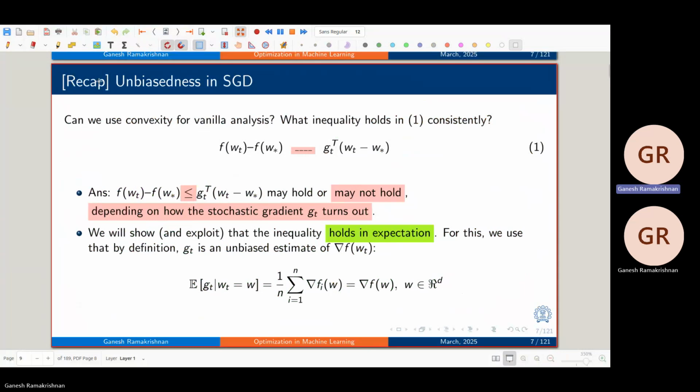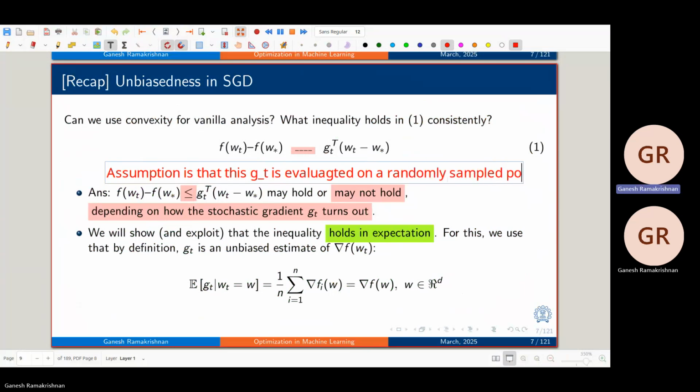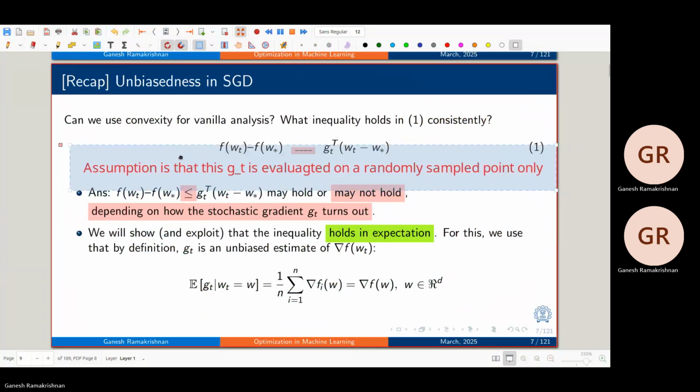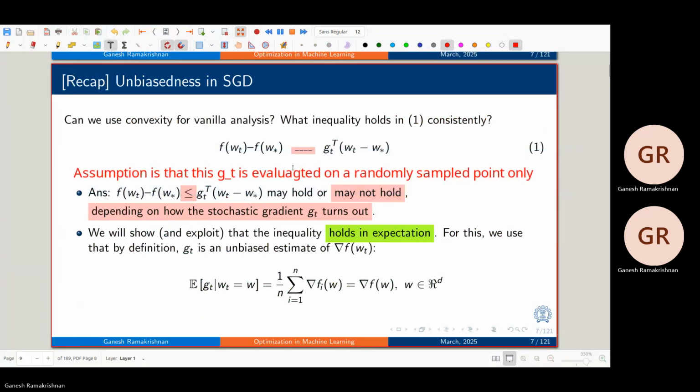We have assumed here that this g_t is evaluated on a randomly sampled point, and then we have a problem.